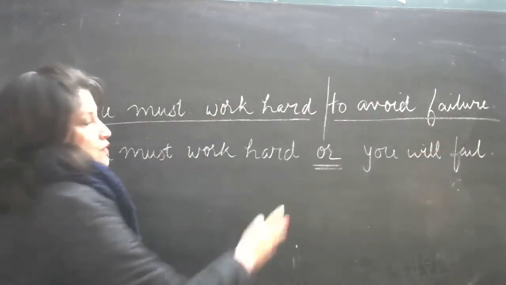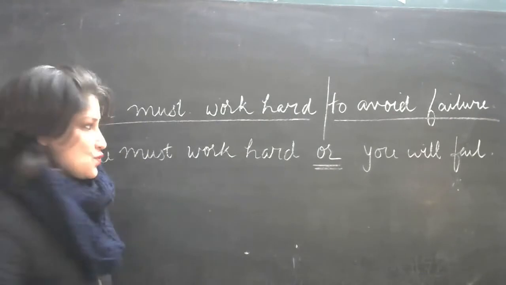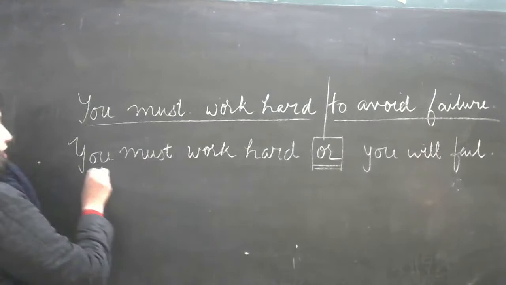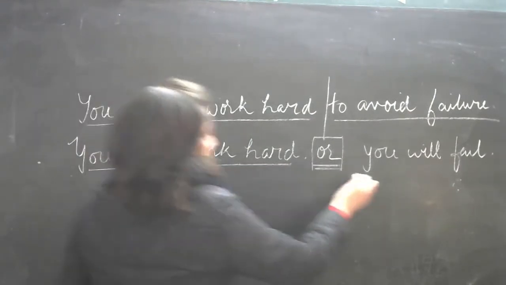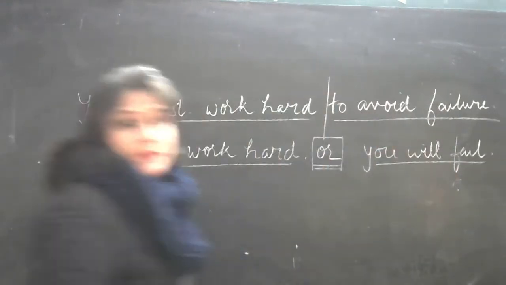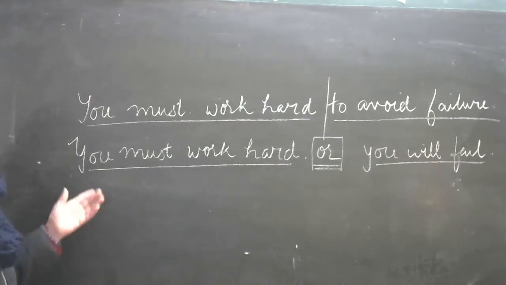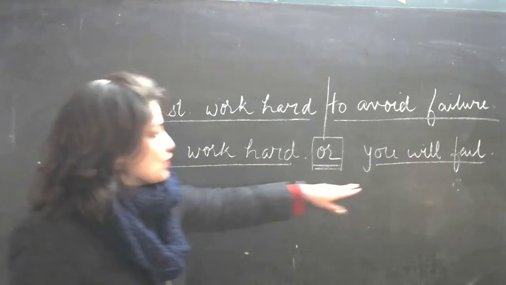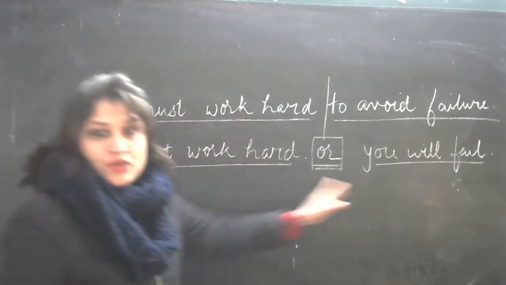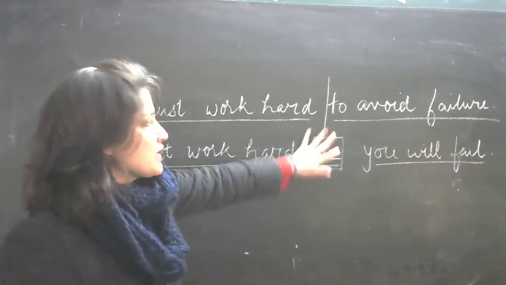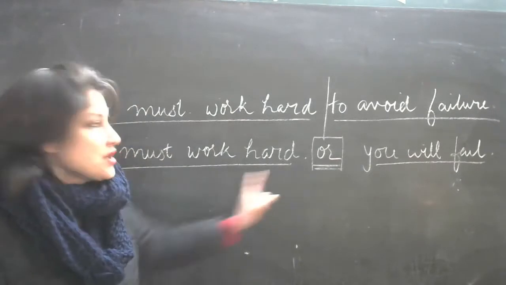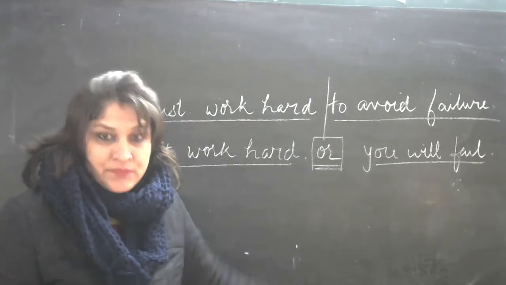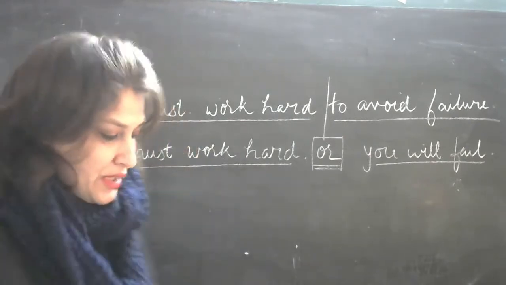Compound sentences are those sentences where even if you remove the conjunction, you will get two proper sentences. Is that clear? For example, you can see it here. You must work hard, or is your conjunction, you will fail. So we have two sentences if we remove the conjunction, but with the help of a conjunction, this sentence turns into a compound sentence.